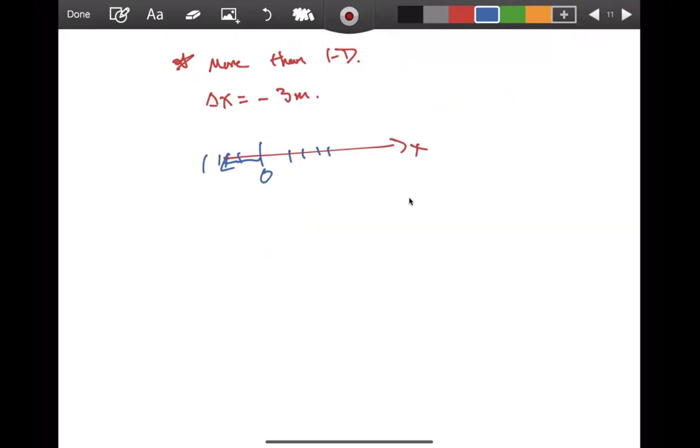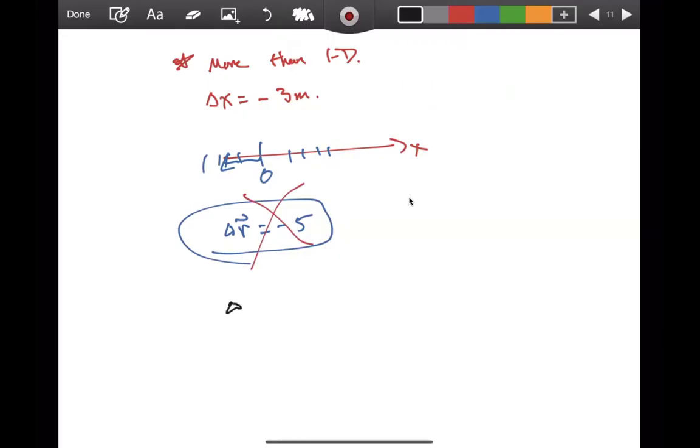But now, since I'm working in multi-dimensional space, I can't simply just say that my delta r is equal to, I don't know, -5. That doesn't make sense anymore because that's actually a magnitude. So in this case, we have to either put it into unit vector notation. So again, my delta r must be equal to some number: my delta r x in the i hat direction plus my delta r y in the j hat direction, or give the magnitude of delta r and then an angle of delta r.